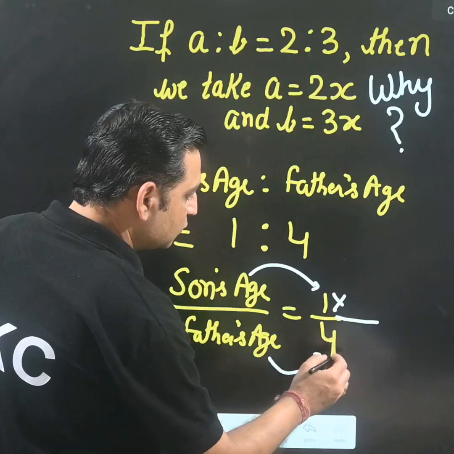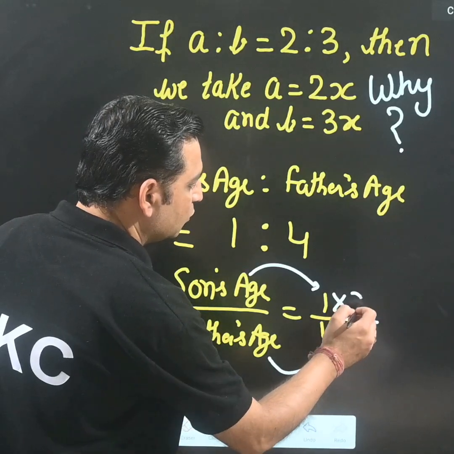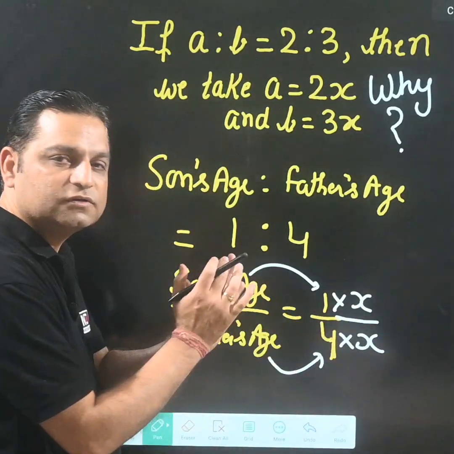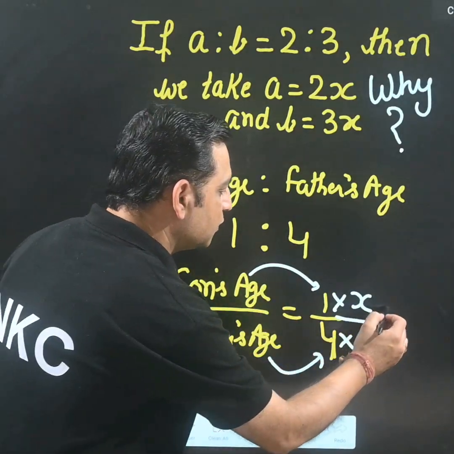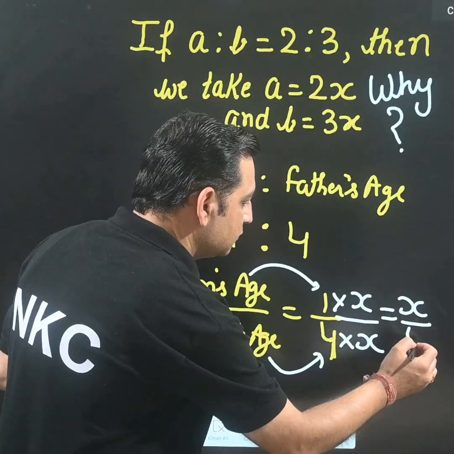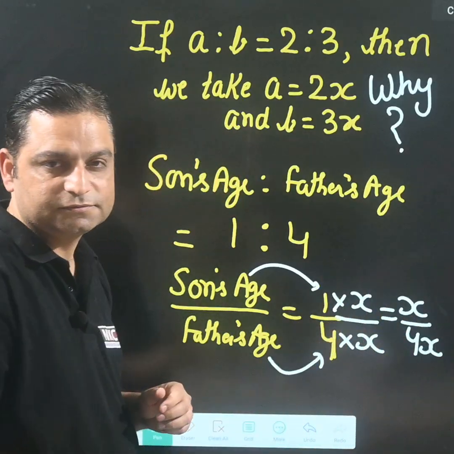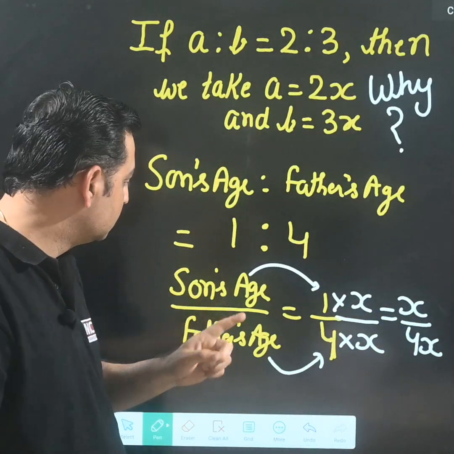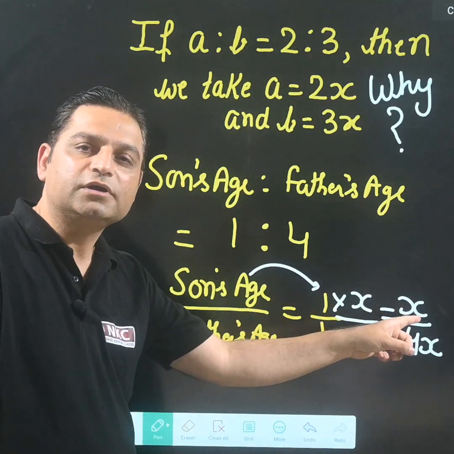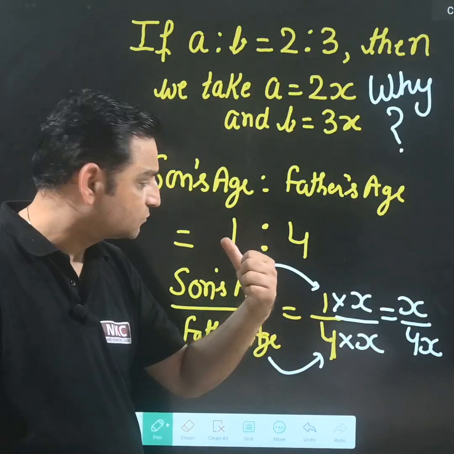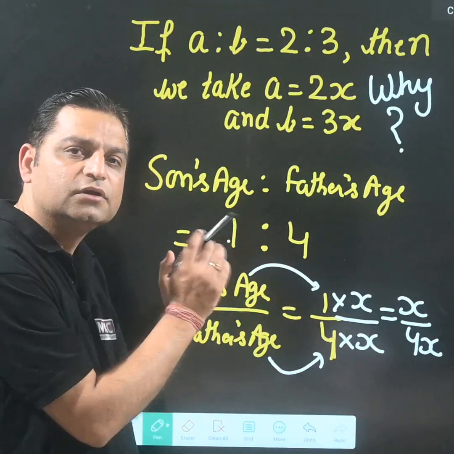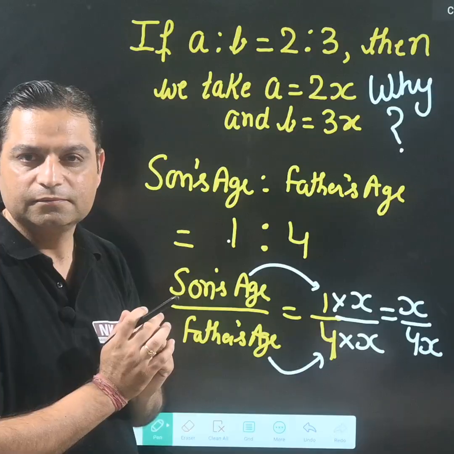So we tell them to consider it x. There is something which was cancelled, and let us suppose that cancelled part was x. So 1 multiplied by x will be x and the denominator will be 4x. Now we can say that son's age is x years, father's age is 4x years. Even though it was given 1 ratio 4, we added x along with it.